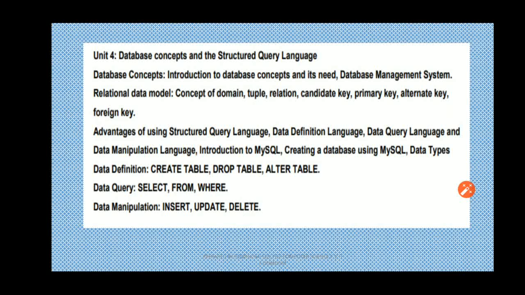So what we have in the syllabus is database concepts and structured query language. Database concepts: introduction to database concepts and its needs. So we need to know what is database and why we need database. Then what is database management system? Then what is relational data model? Concepts of domain, tuple, relation, candidate key, primary key, alternate key and foreign key, that we'll be learning.